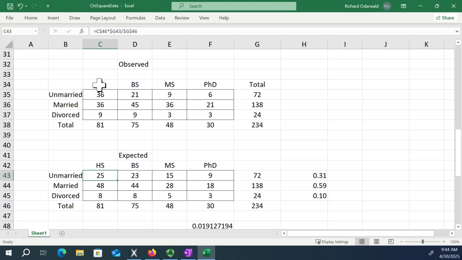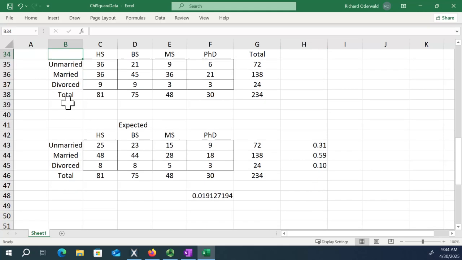Now what? Which one is it? What cell or cells cause this thing to be significant? Can you tell? Basically, which one has the biggest difference between observed and expected? I'm going to go here, and I'm just going to repeat this table.